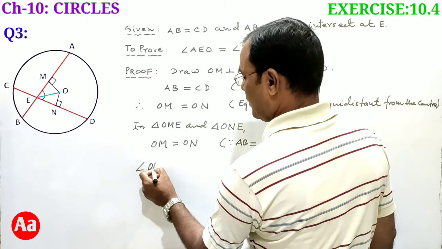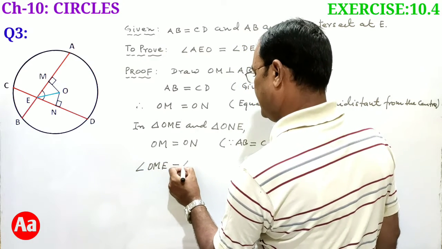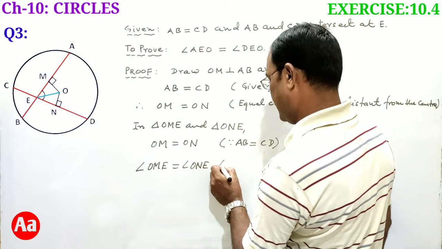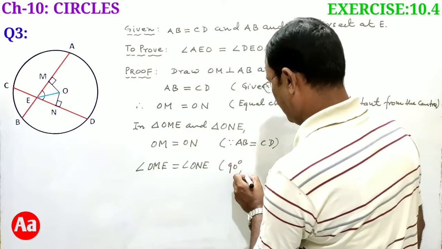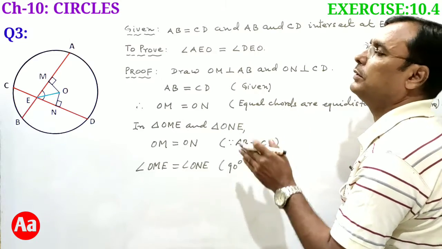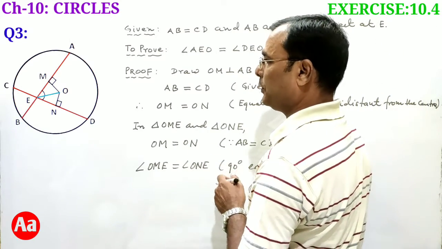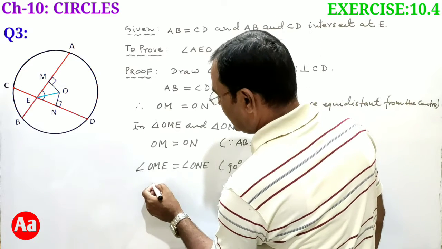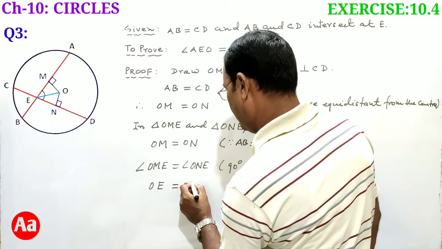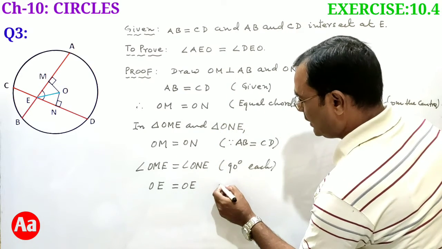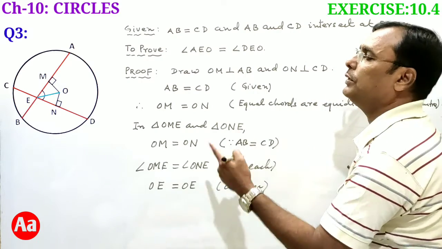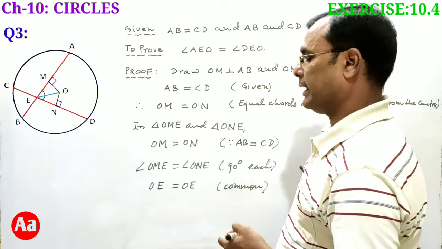Angle OME is equal to angle ONE, 90 degree each, because OM we have drawn perpendicular to AB and ON we have drawn perpendicular to CD, and OE is equal to OE common, and OE is hypotenuse of both the right triangles.